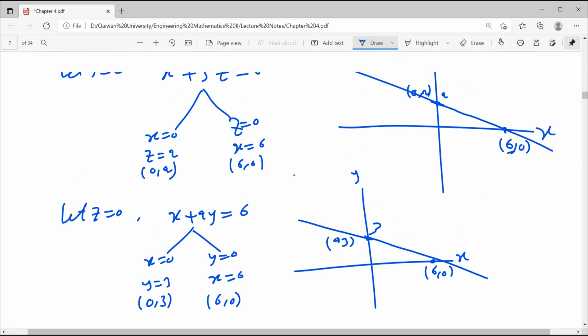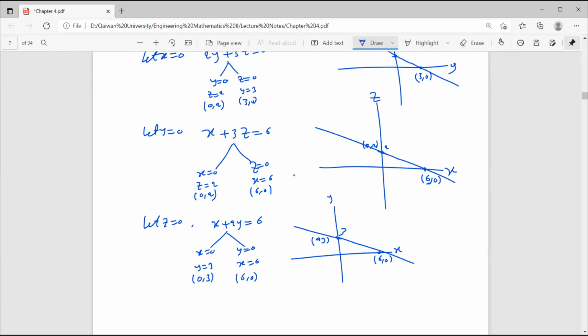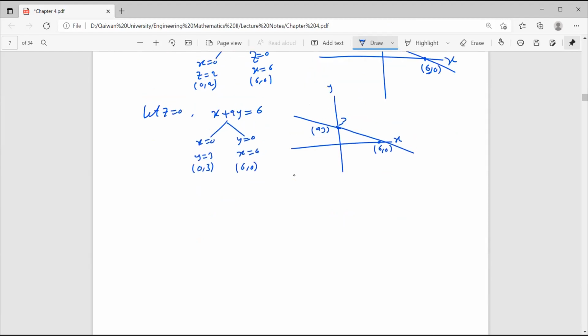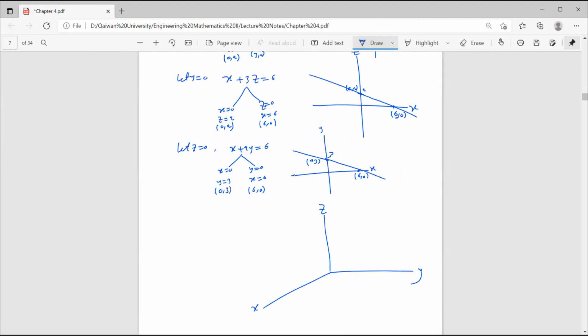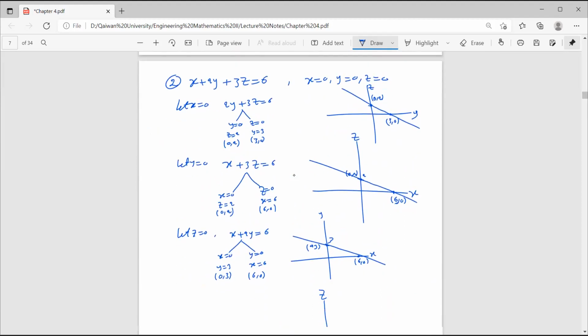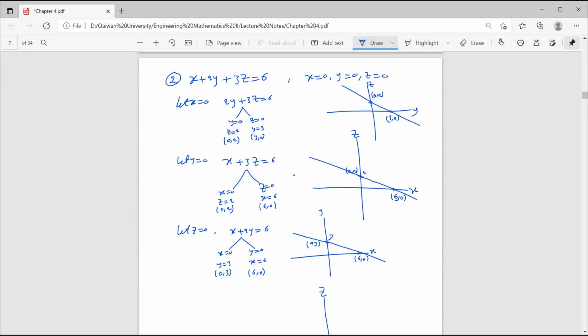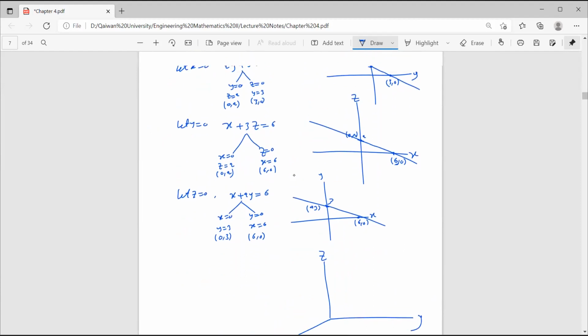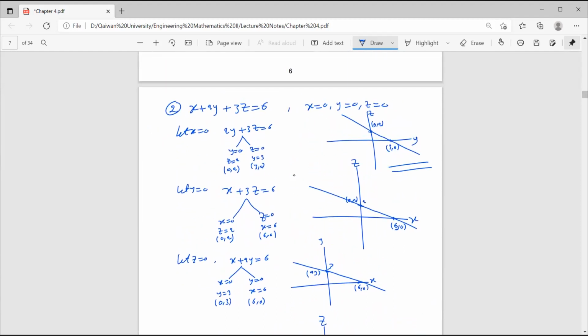Now we join all these graphs on the XYZ plane. Let's join these all together. We have X, Y, and Z axes. Between Y and Z, we have this graph.